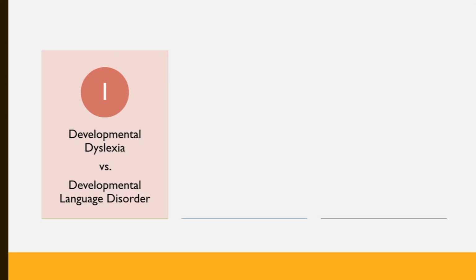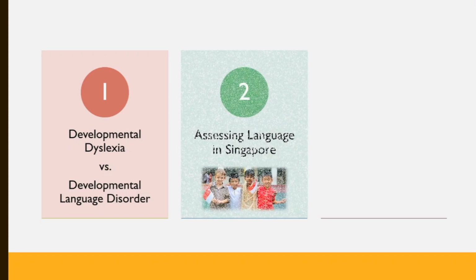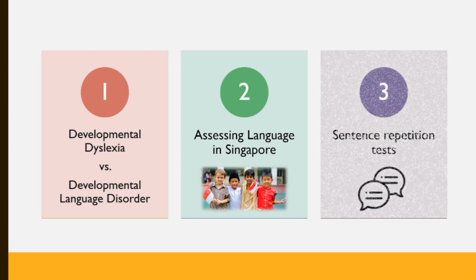My study focuses on the children with only dyslexia, but I think it would be good if you also have a better understanding of what language disorder, DLD, is about. And then I will be talking about assessing language in Singapore, and finally, about sentence repetition tests. So that will be for the background information.